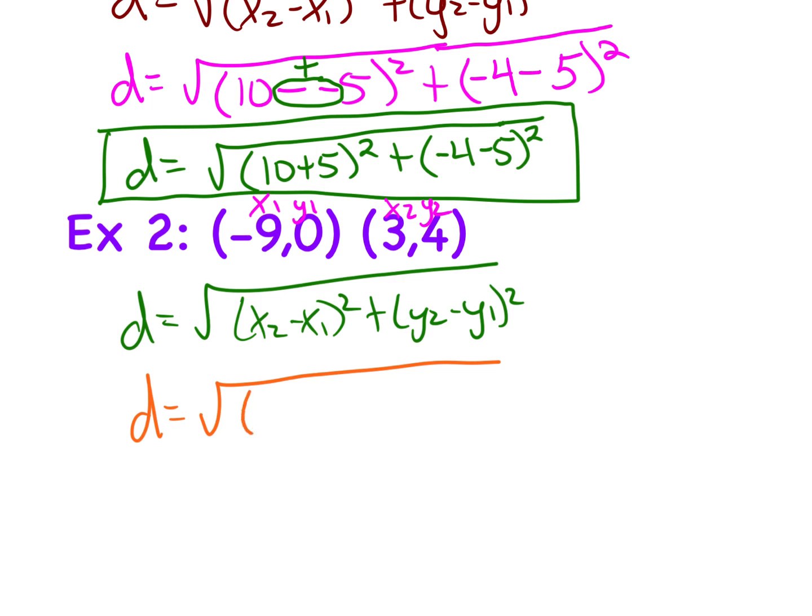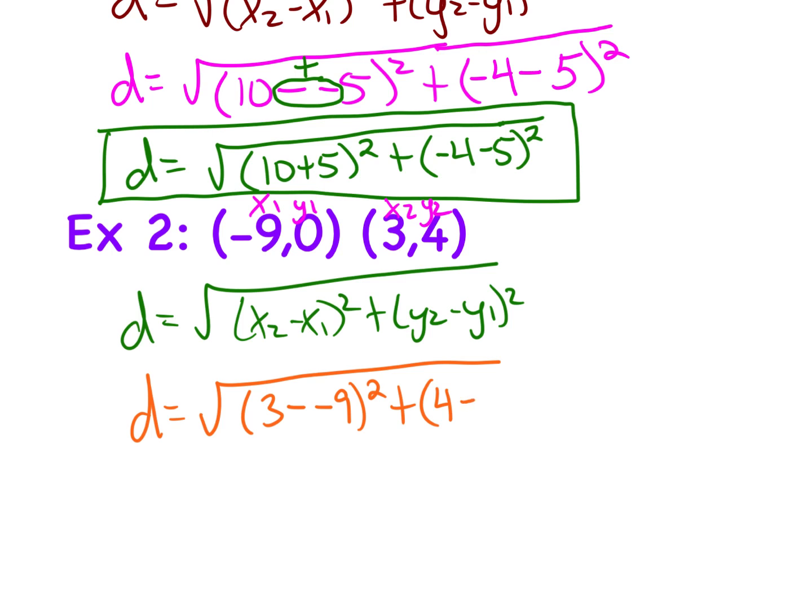All right, Roman, what's the x2? 3. Then minus. Brady, what's x1? The x1 is -9 squared. Plus. Angie, what's the y2? 4. Yep, 4 minus.